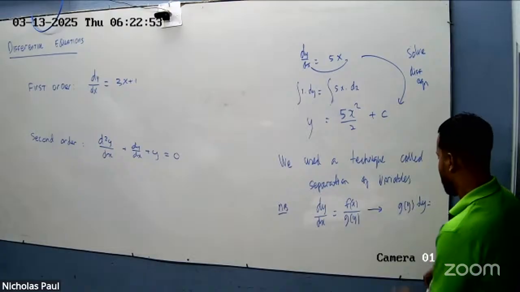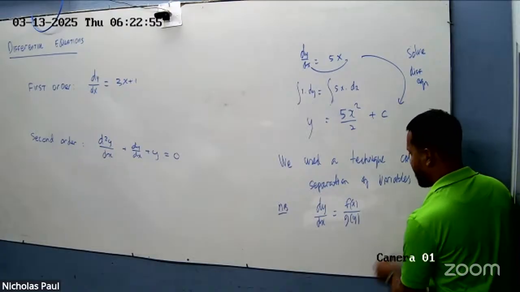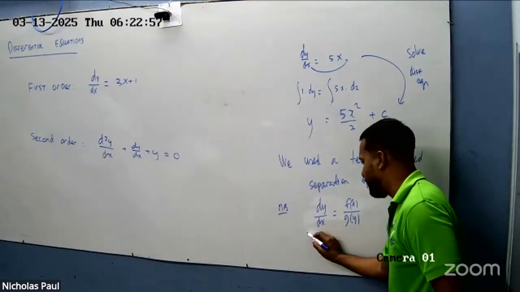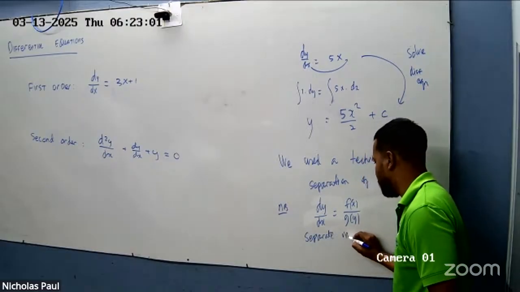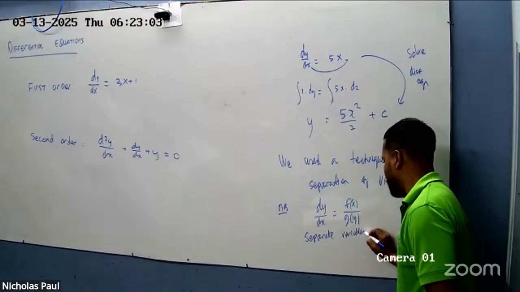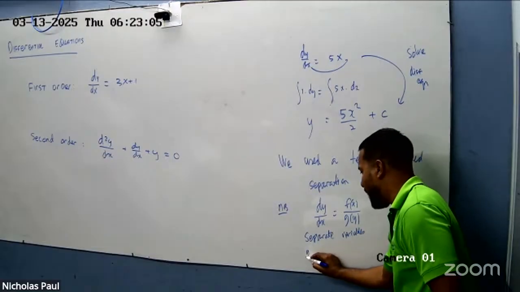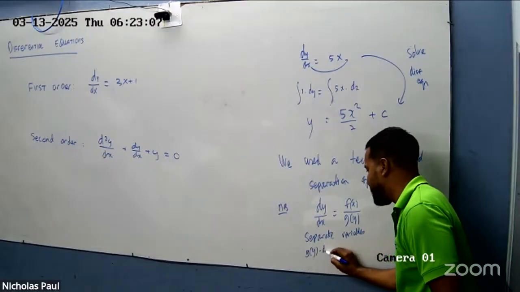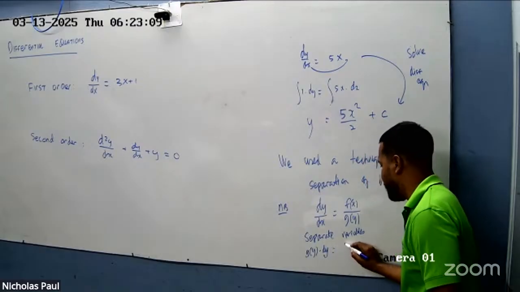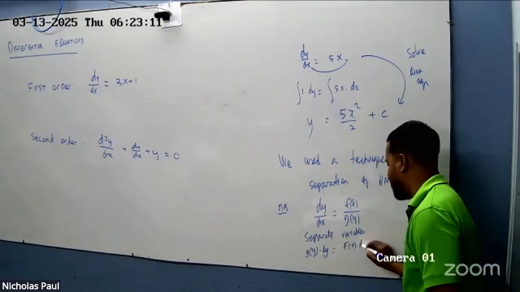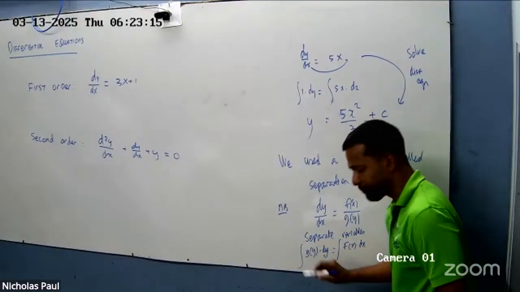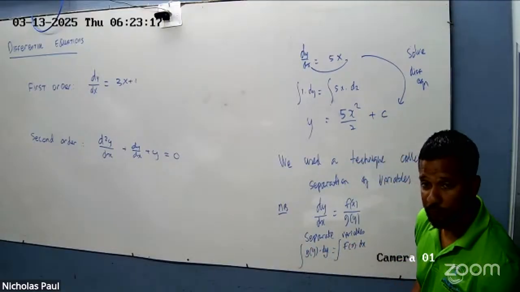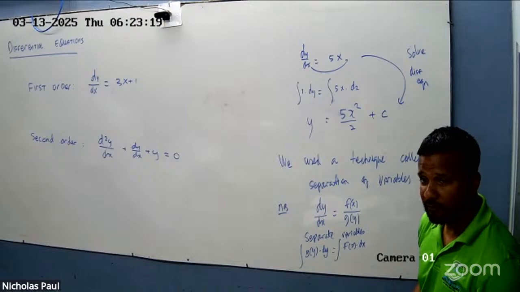When I separate the variables, I'll get g of y dy is equal to f of x dx, and then I can easily integrate. Are you okay with that?